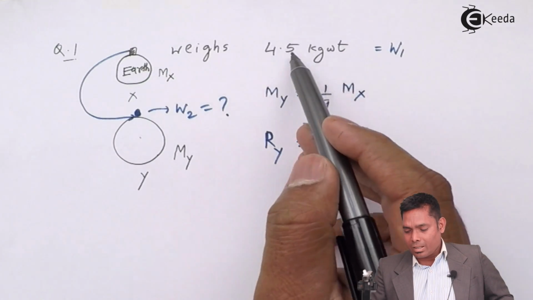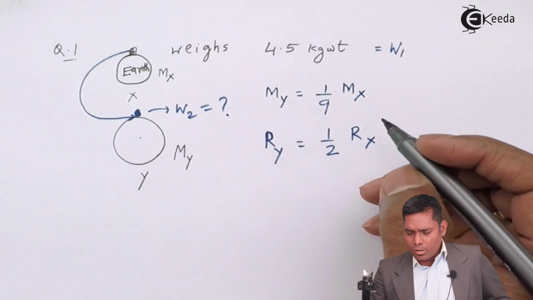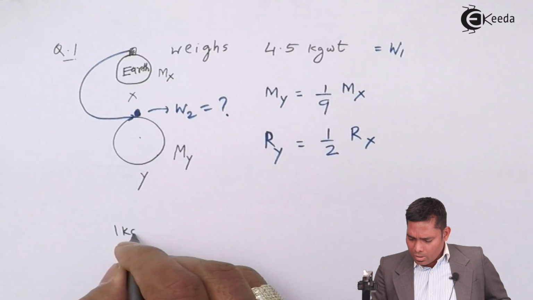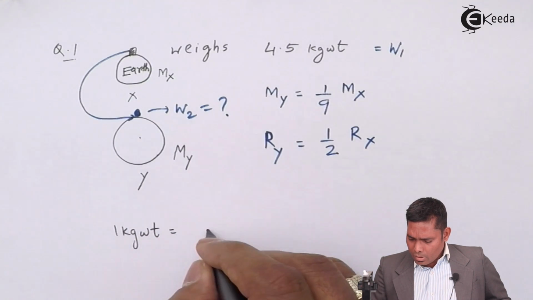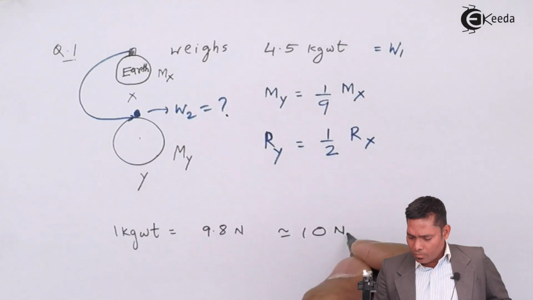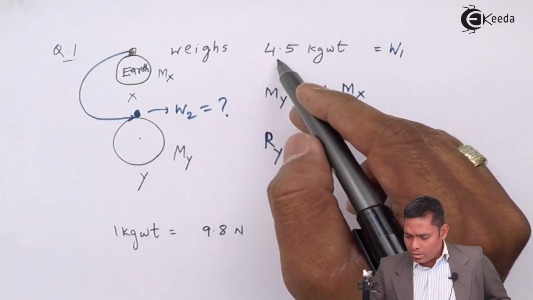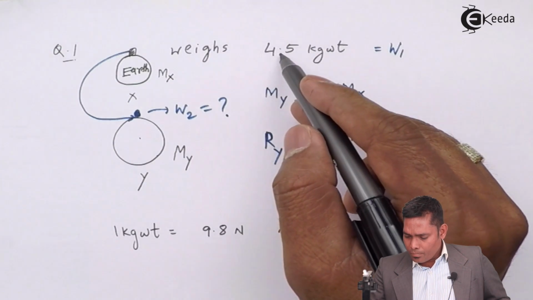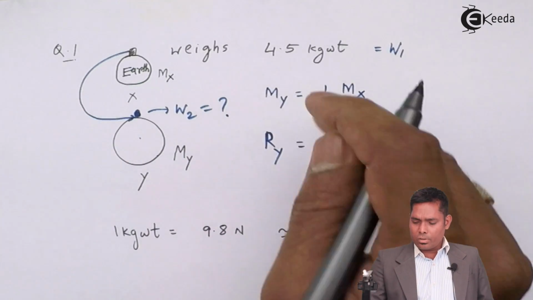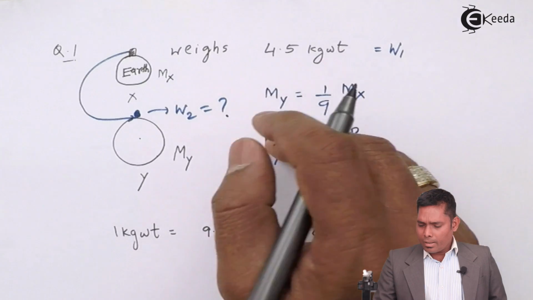We could convert that into Newton if you want. 1 kg weight is 9.8 Newton, or approximately 10 Newton. So this is 45 Newton, or in case of kg weight also you can write 4.5, no problem with that.